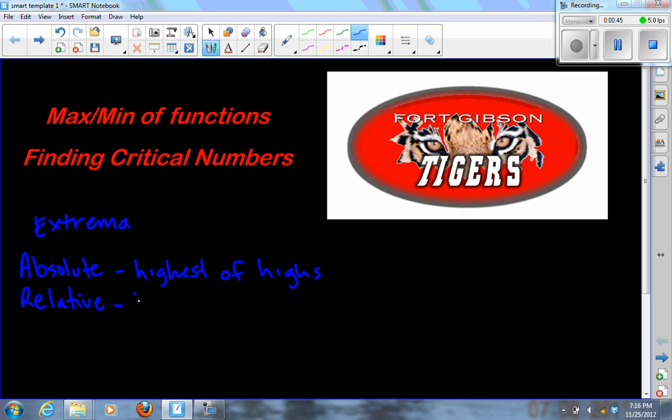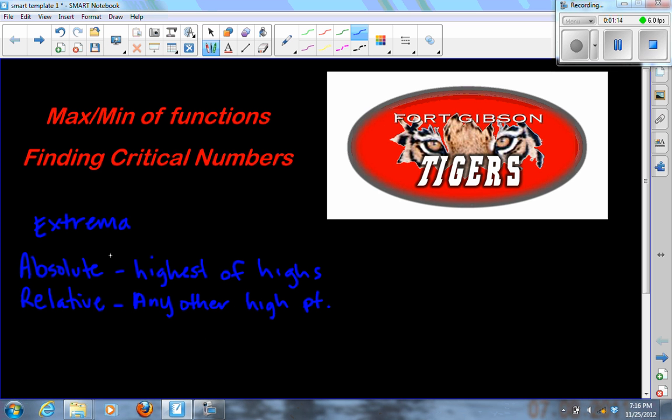So this would maybe be like any other high point. And of course you could also say the same for an absolute min, or relative min. The absolute min would be the lowest of all the lows, and the relative min would be just any other low point.